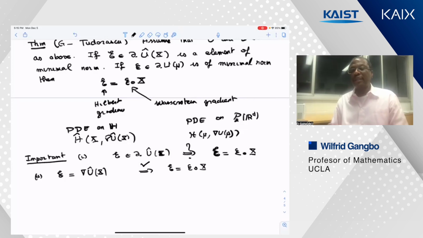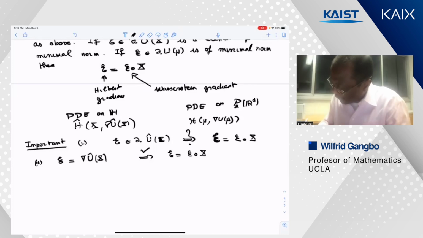However, when you are studying viscosity solutions, you are dealing with functions which are not differentiable. You talk about subdifferential and superdifferential, and so you are not in the situation where the gradient exists.